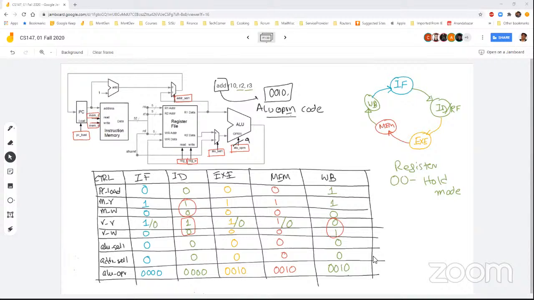But if it is not there, you can still put it in a read mode, where we are assuming your incoming address is stable, which is true. We are not changing the program counter in between till we are in the write back stage, right? So we can keep it in a read mode there.